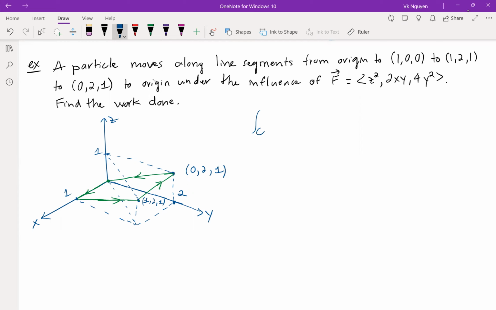Integral over C of F dot dr, and it is of course along a closed simple piecewise smooth curve. However, we don't want to compute this directly because we have 4 different paths: C1, C2, C3, C4.